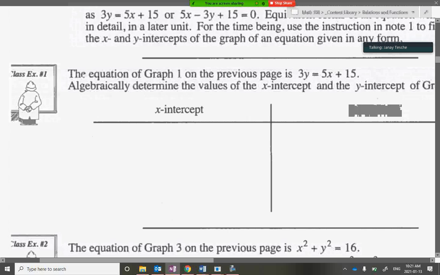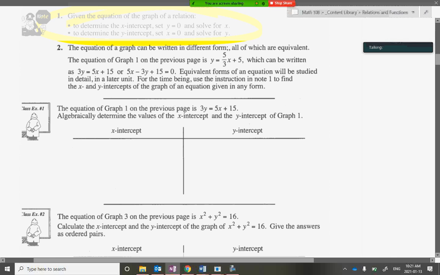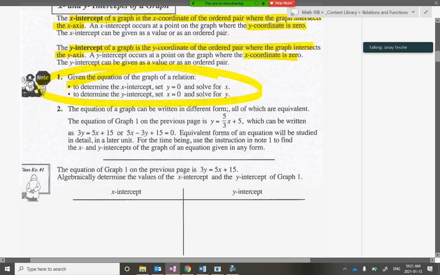So graph 1, sorry, did you guys want to see where I have circled? The first graph is this equation. You most often won't ever see it in that format, and we're going to get into that later on. So we're going to use the format that we're more used to, y equals 5/3 x plus 5.